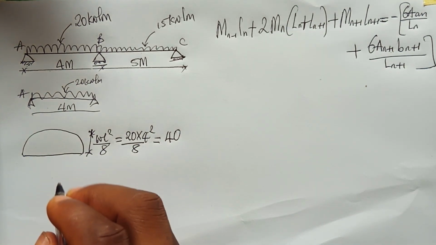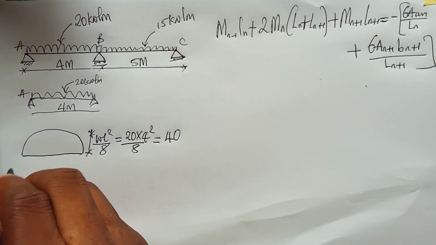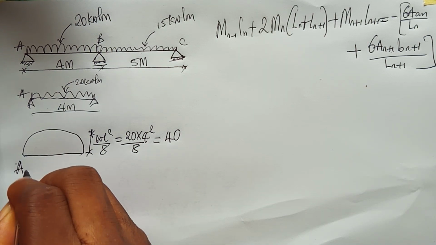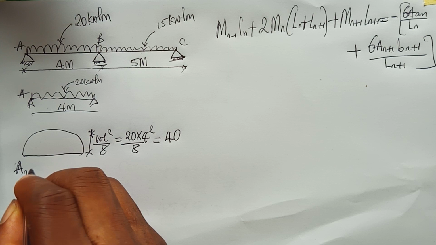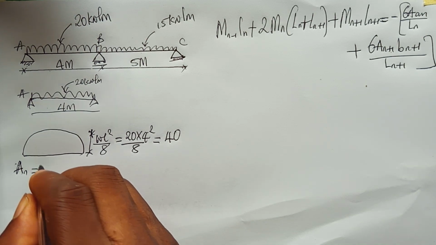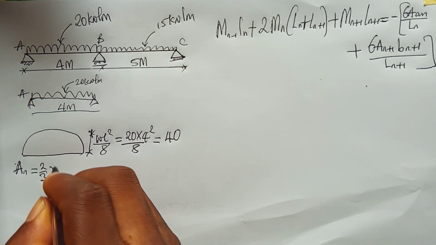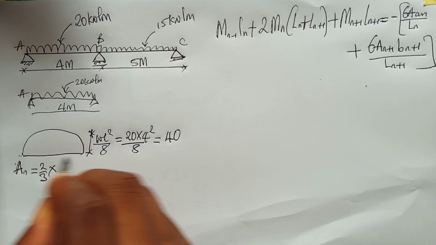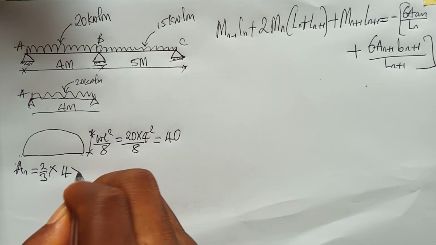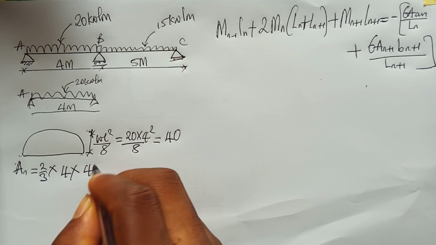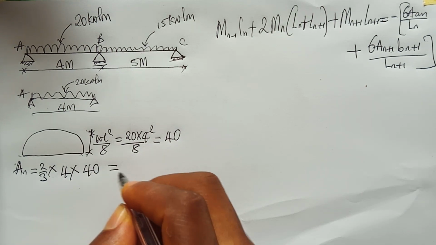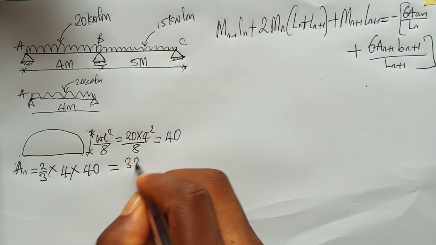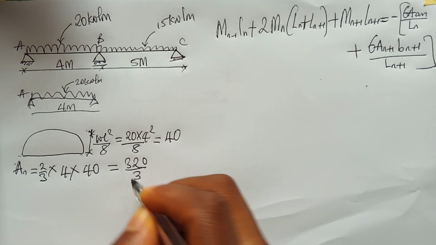So you go ahead to get your area. Your area is An, and the area of this particular bending moment diagram is 2 over 3 BH. Our B is the base, and the base is 4, and our height is 40. So the area will end up at 320 over 3.